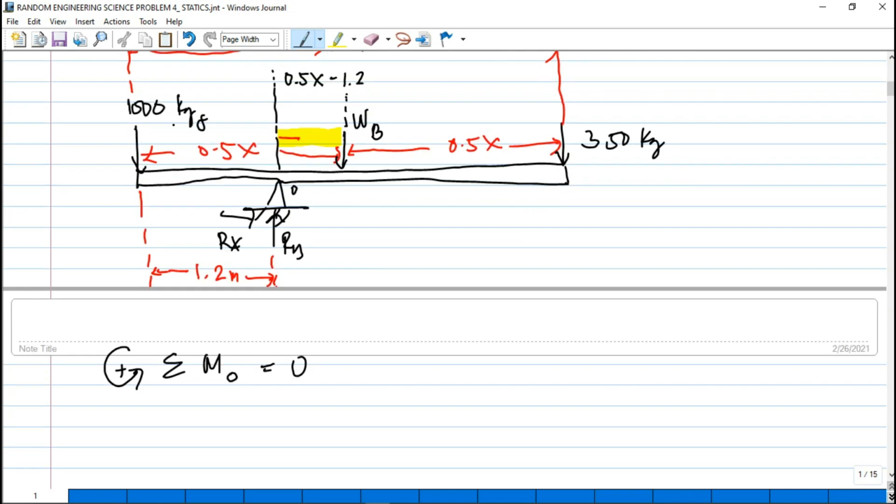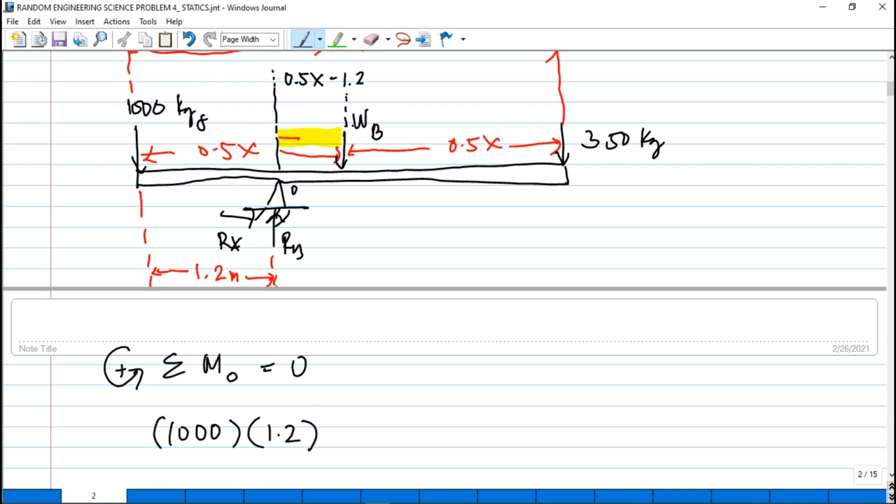So this 1,000 kg force, imagine natin guys, if you push here, 1,000 kg force, tends to rotate yung beam natin at a counterclockwise. Yung 1,000 is positive. So this is 1,000 times moment arm natin, that is 1.2.